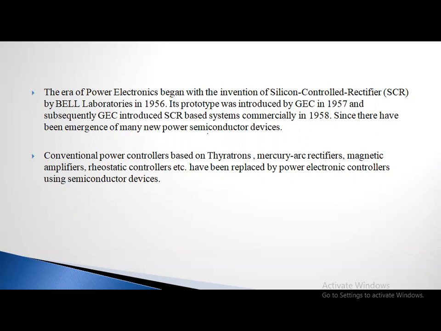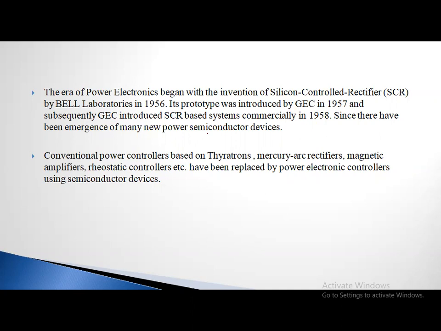Is it clear? So after developing the power semiconductor devices, we mostly use rectifier circuits, meaning power electronic converters, because they have more advantages than the previous techniques. In order to reduce the losses and increase the efficiency of the systems, they have a number of advantages.